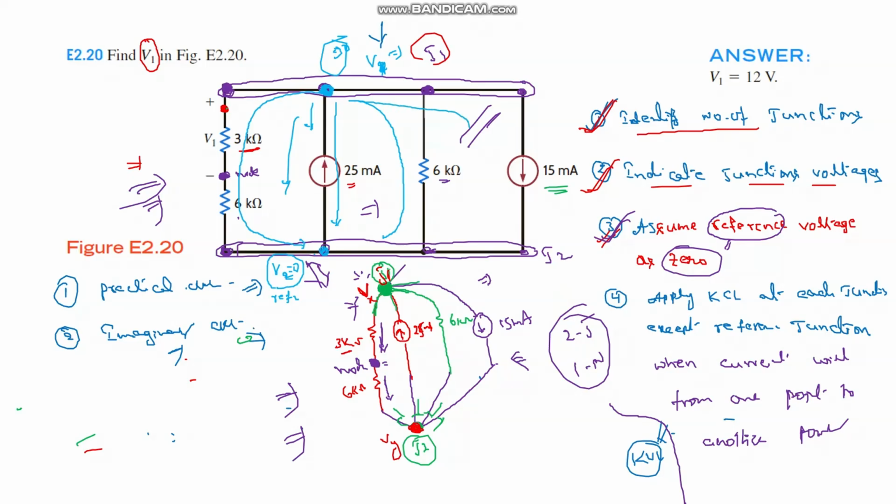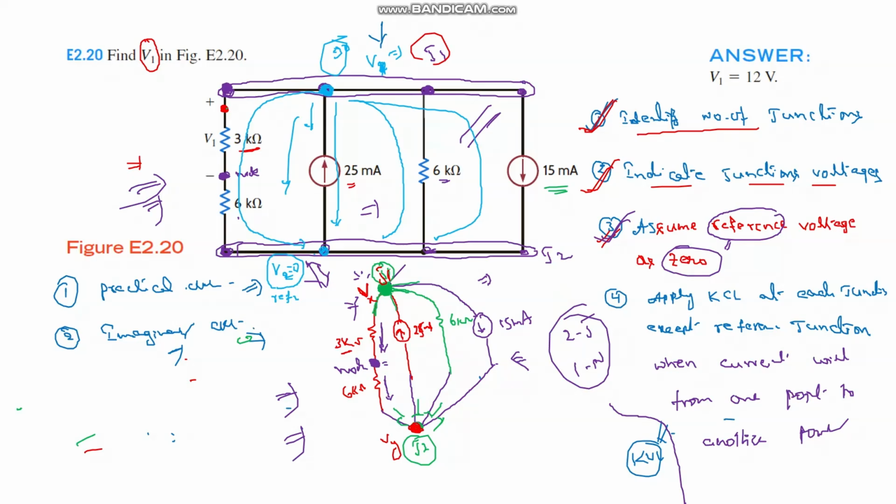For that, we assume one of the junction voltages as a reference. Commonly, we use the bottom junction as the reference voltage in electrical circuits. It is not compulsory to assume the bottom junction only; we can also assume the upper junction.